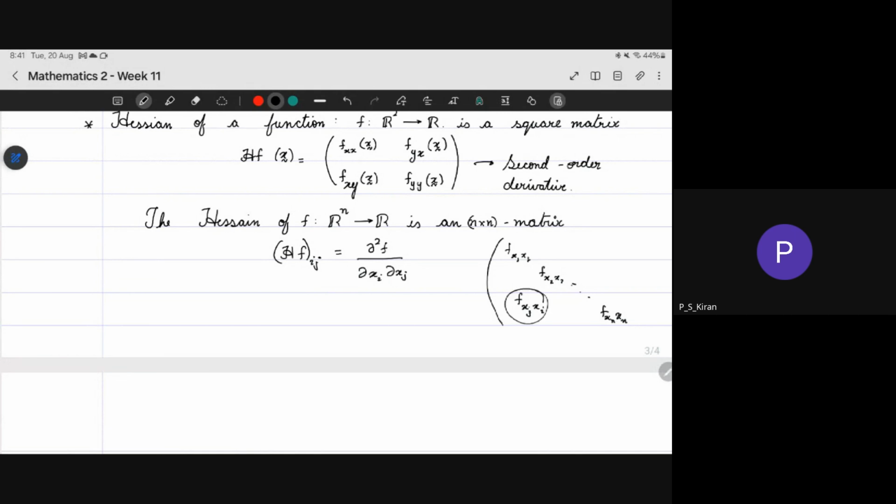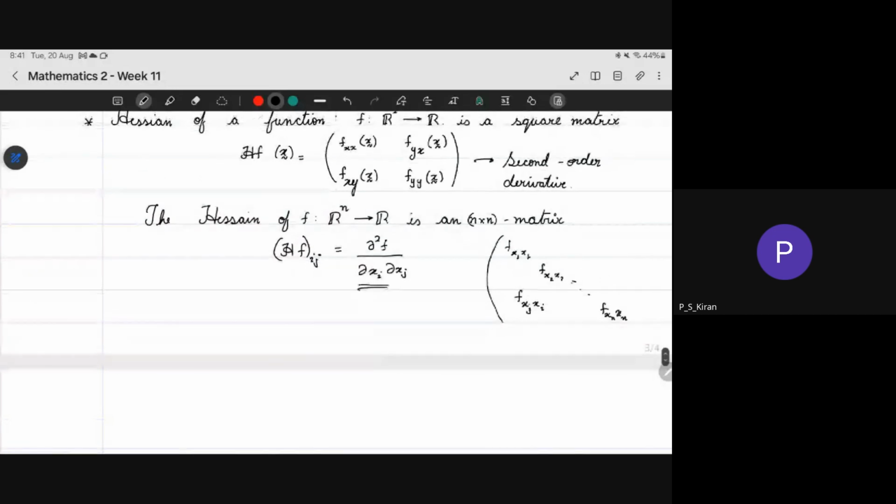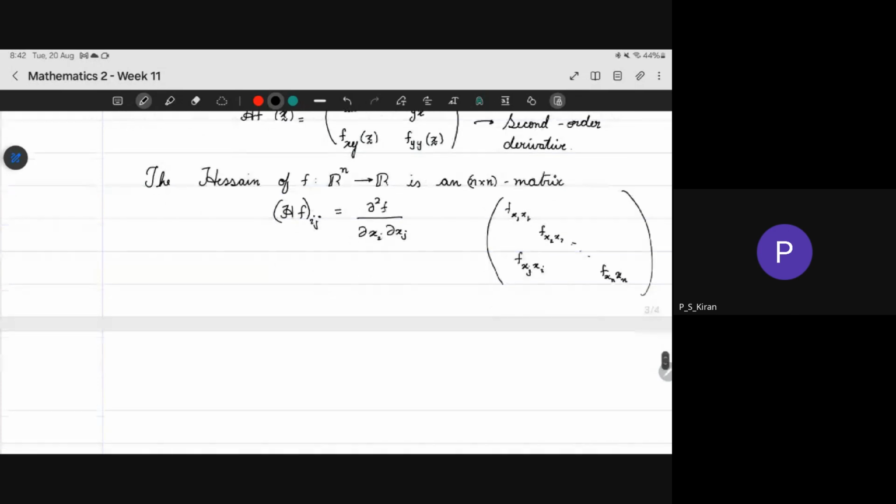This is the ijth entry. So there's a switch, you see. When I write it in terms of the derivatives, if I have ij, then I'll have a ji when I write it in this compact notation. So these are the off diagonal entries. So this is the Hessian matrix.